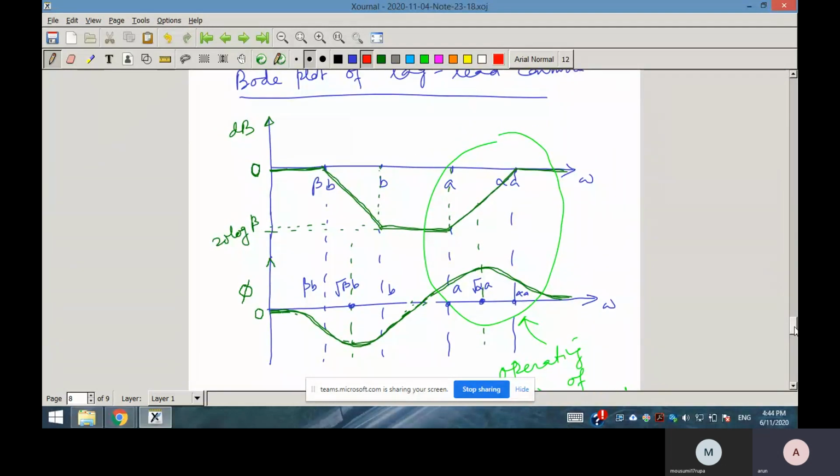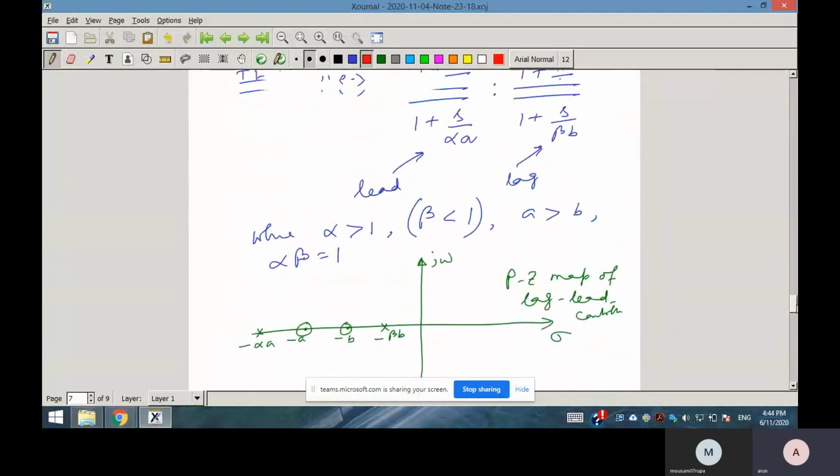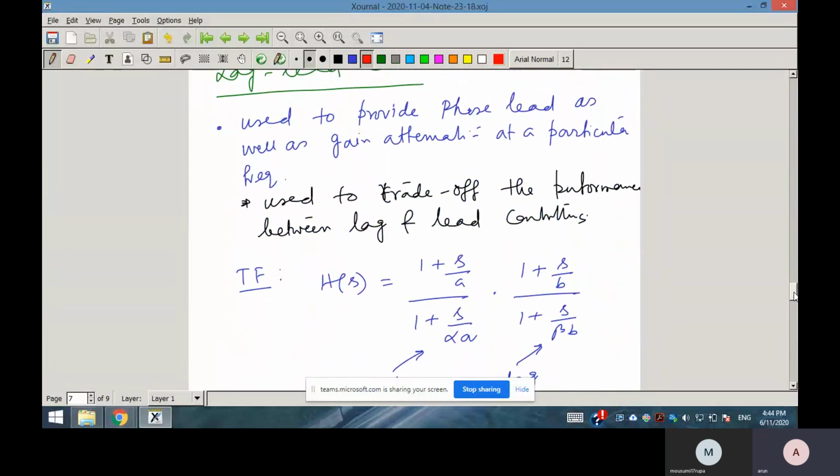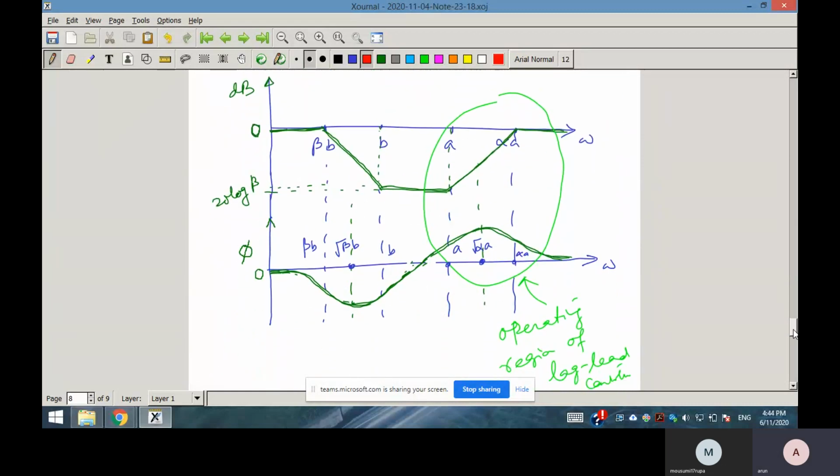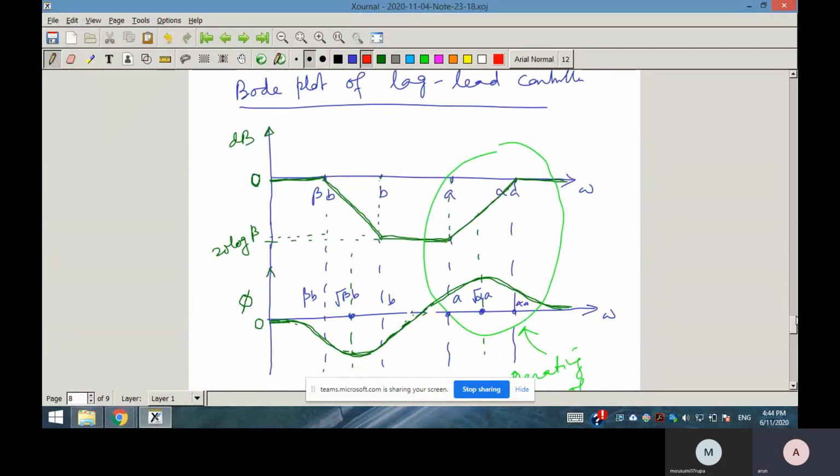This is the Bode plot of the lag lead controller, and this is the transfer function. The lag part and lead part are connected in cascade. You can see that alpha beta equals 1 and A is greater than B.